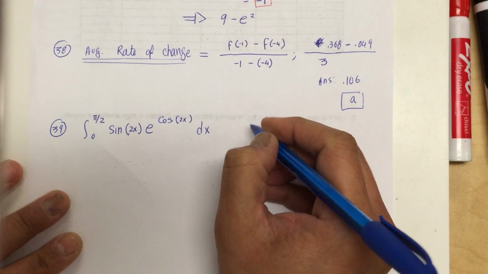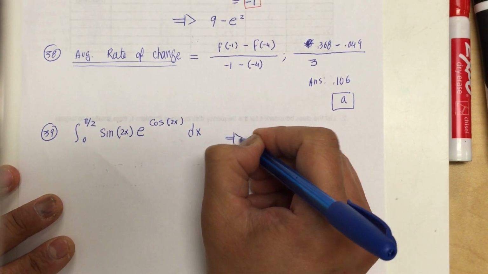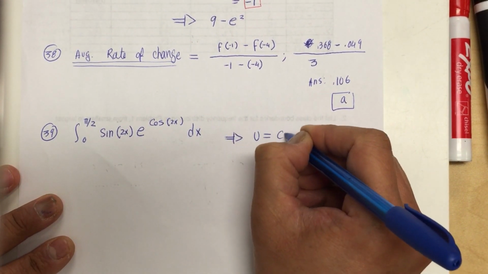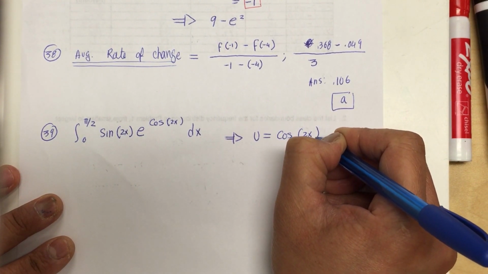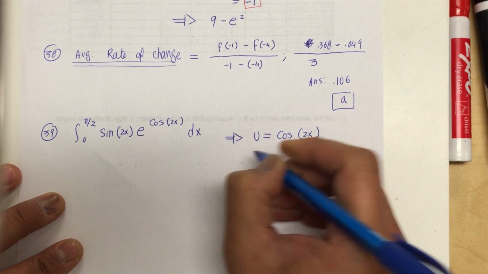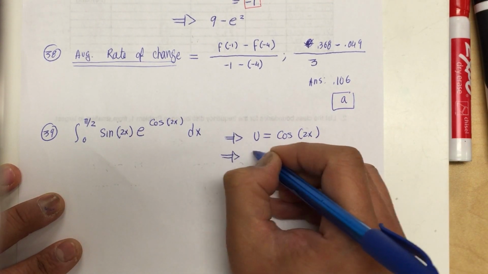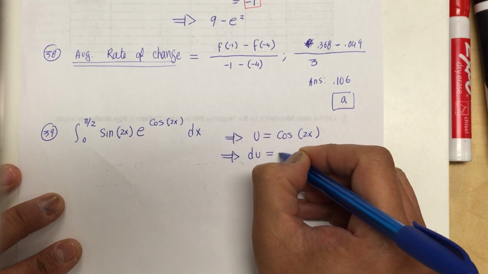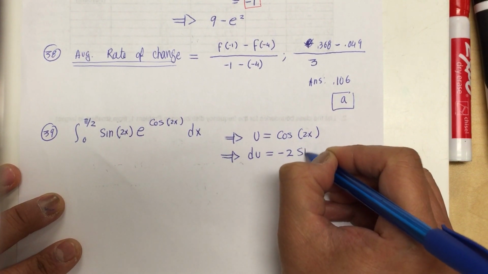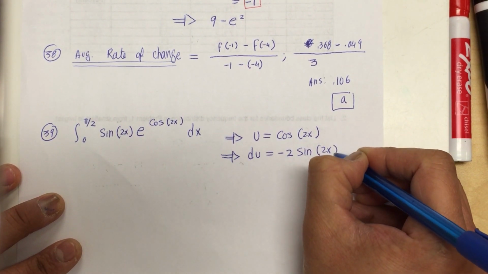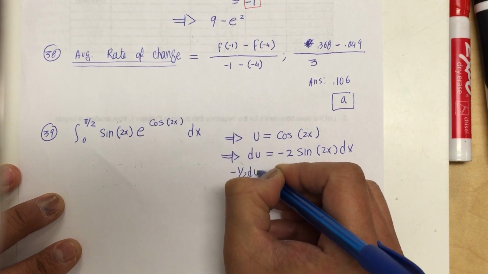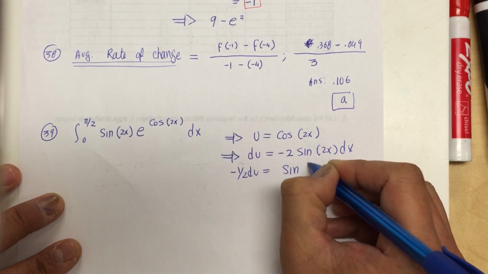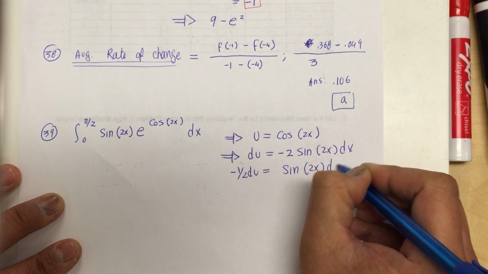And the problem tells us if u equals cosine of 2x, then which of the following is the new integral? Well, if that's u, then du would be -2 sine of 2x dx. So -1/2 du would equal sine 2x dx.